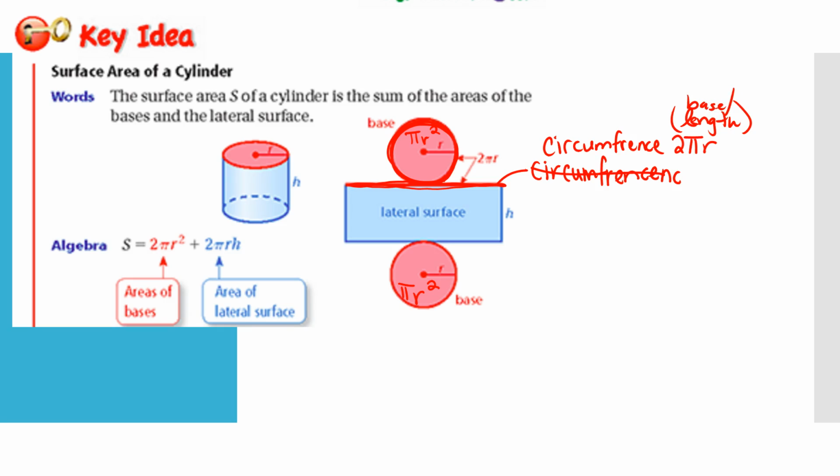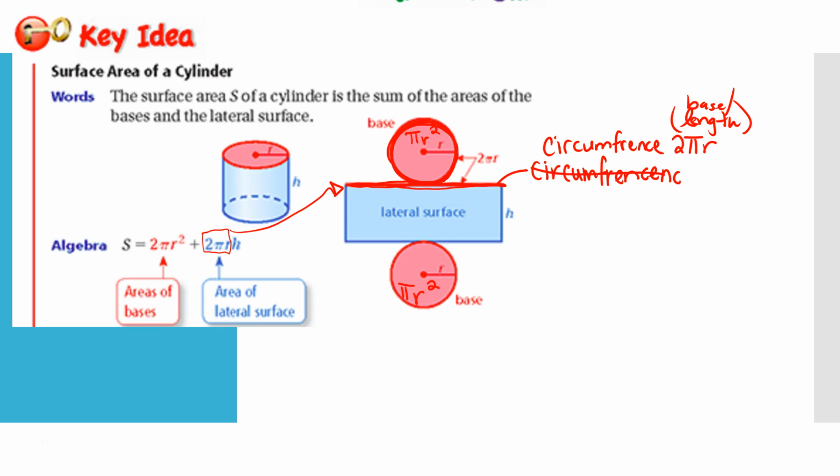And then if we're trying to find the area of a rectangle, we do base times height, so times height. So that's where the h comes from. So this right here is the circumference, and then we multiply it times the height. That's basically base times height.